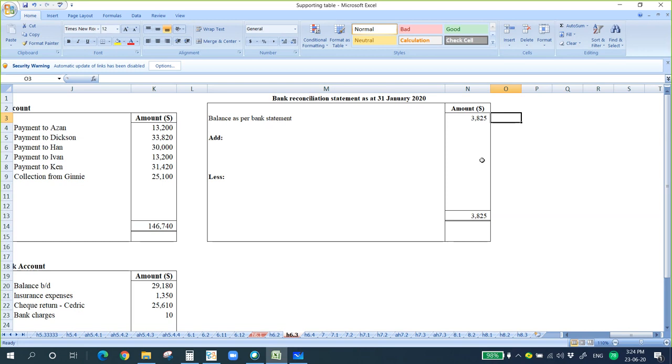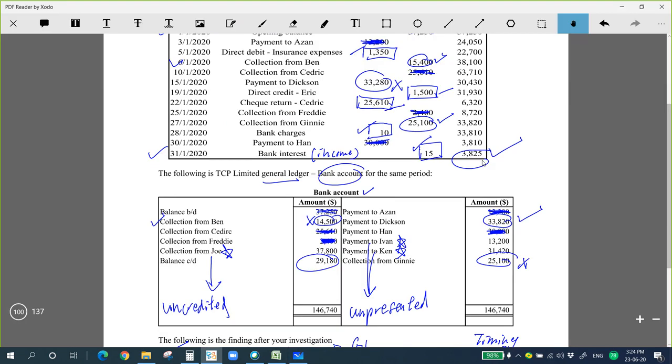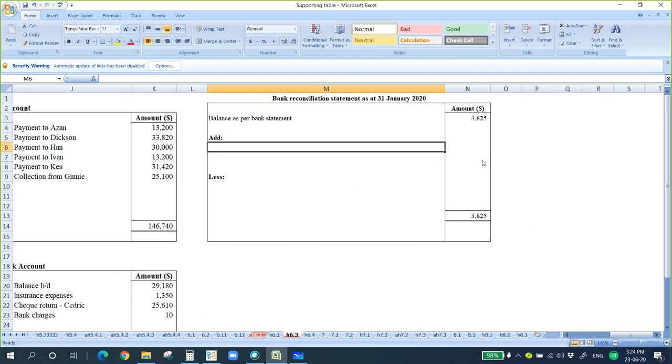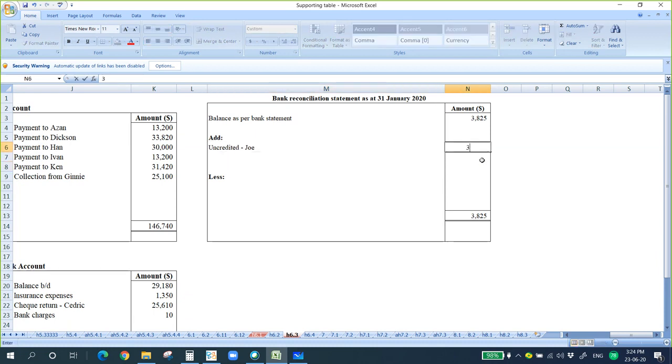First, we record the uncredited and unpresented. In the bank reconciliation statement, uncredited check is added. So the amount is 37,800.